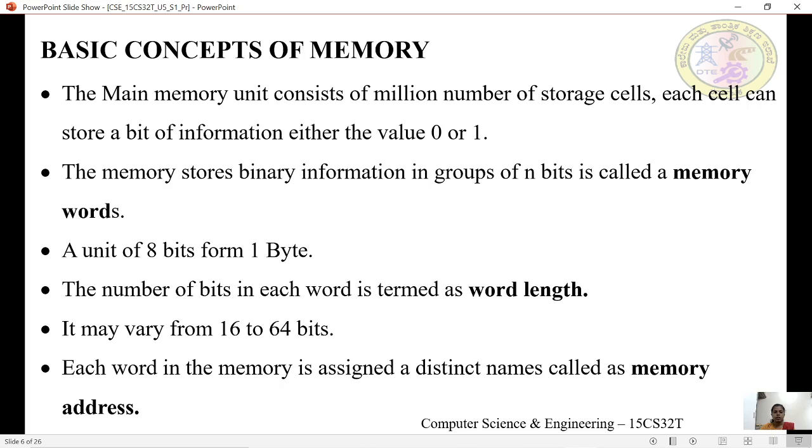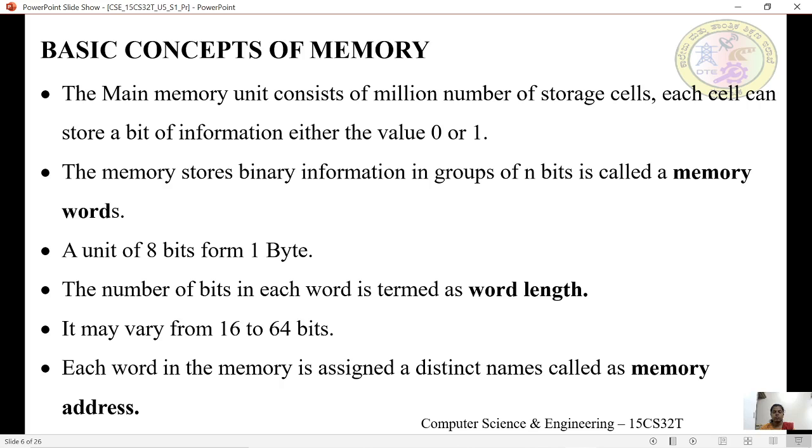Next, the number of bits in each word is termed the word length. Word length refers to the total number of bits present in a word. If 16 bits are present, the word length is 16.